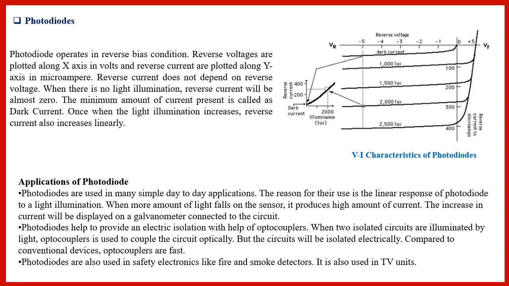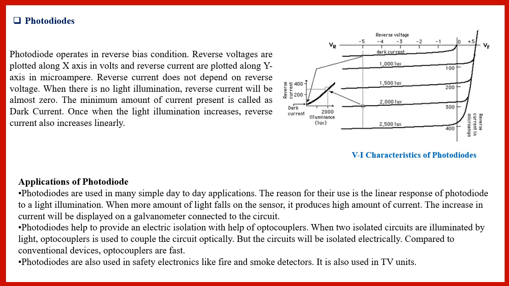And here we haven't provided any illumination, so this is the dark current, which is also shown on the left hand side. A very small current is there when no illumination is there. But when the diode is illuminated with a certain light intensity, we see a rise in the current. So this is the property of the diode in reverse biasing that is used for various applications.